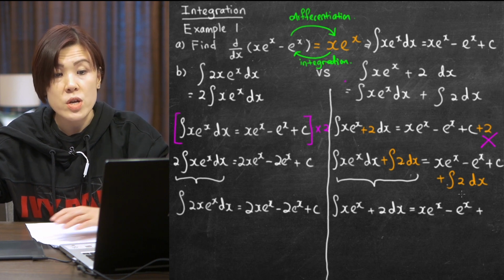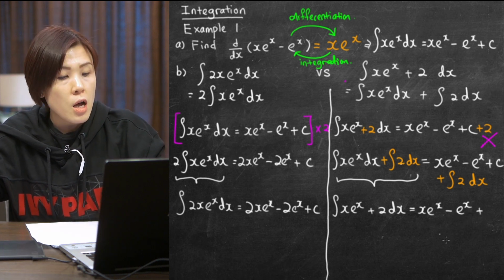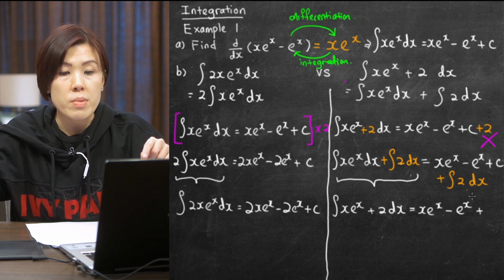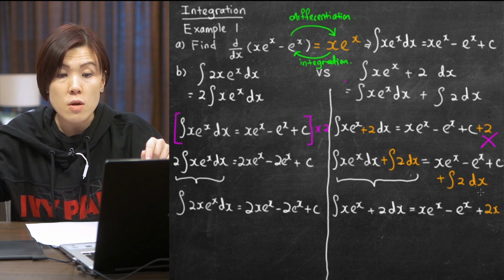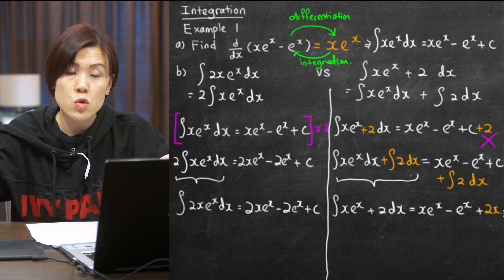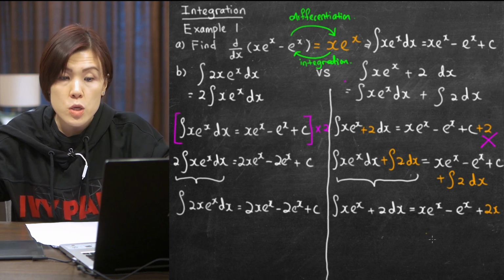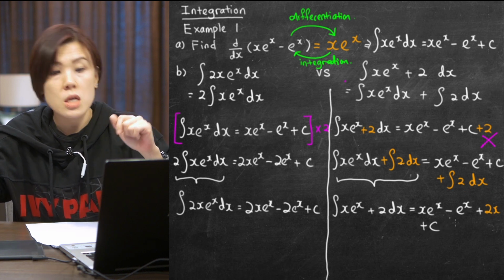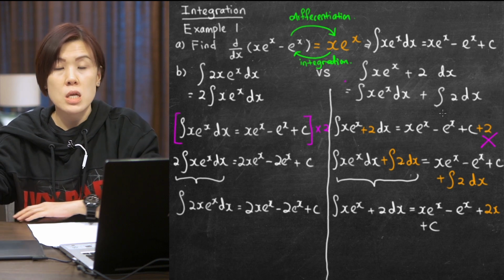And let me find the integration of this first. So the integration of 2 will be 2x. Integration of 2 with respect to x is 2x, and differentiating 2x gives 2. Don't forget to put plus c. So this is the result. This is the answer to these integrations.